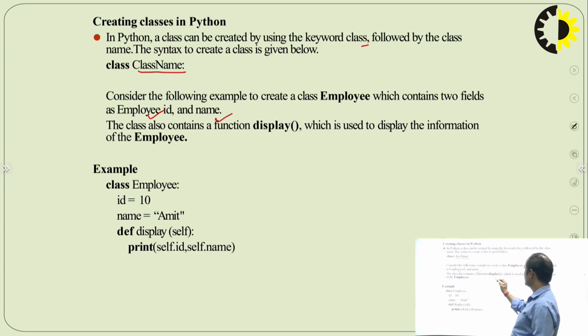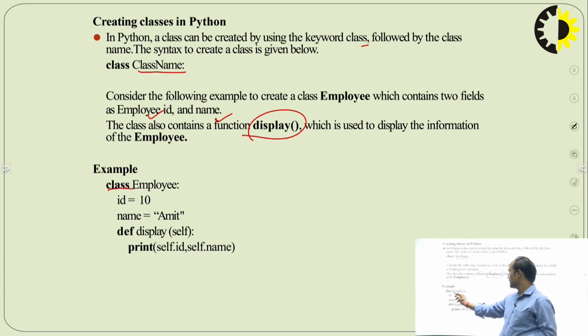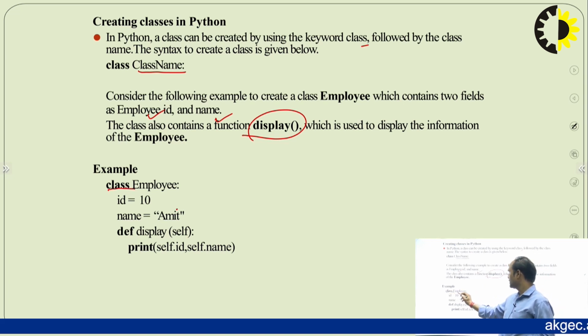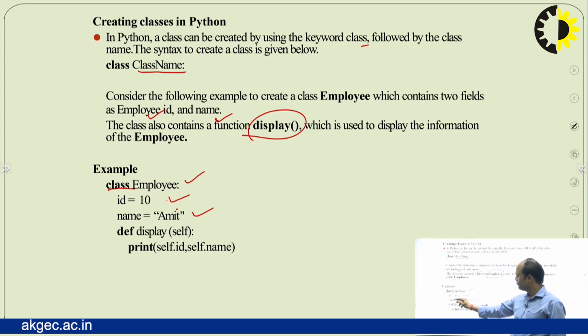We can also use a display function in this particular class. You start with the class keyword, and after that we put the name of the particular class. This class name is Employee, and we put the ID value as 10, and we put the name equal to Amit. That is the value of that particular field, name.